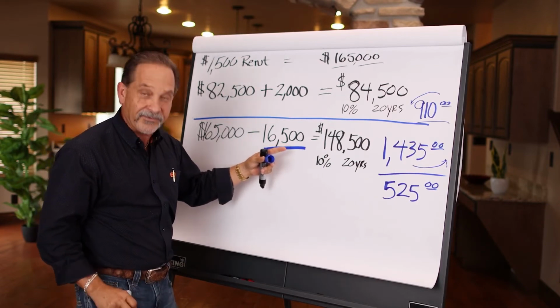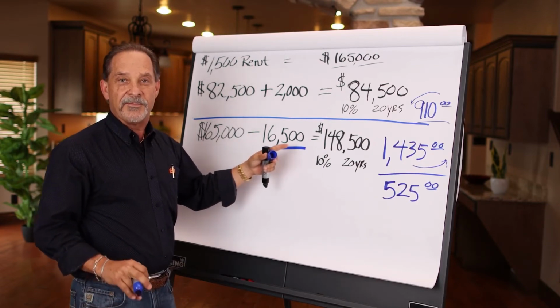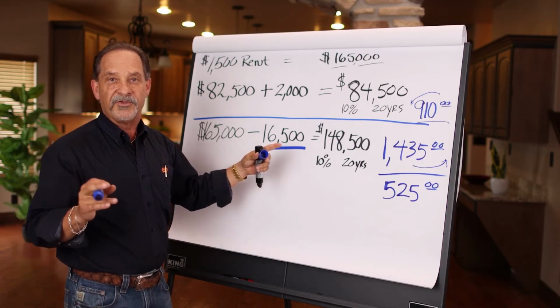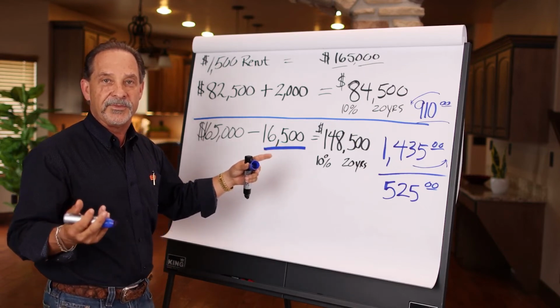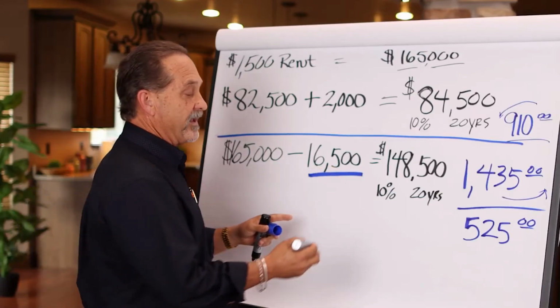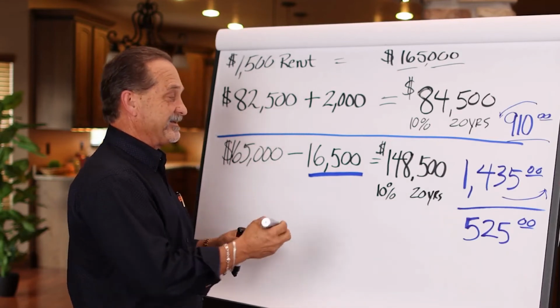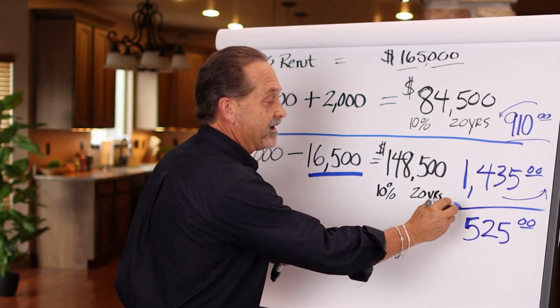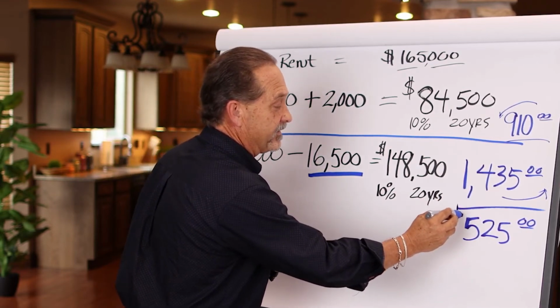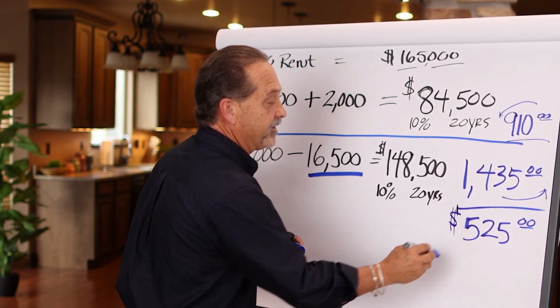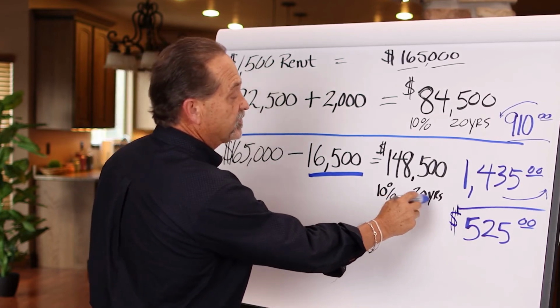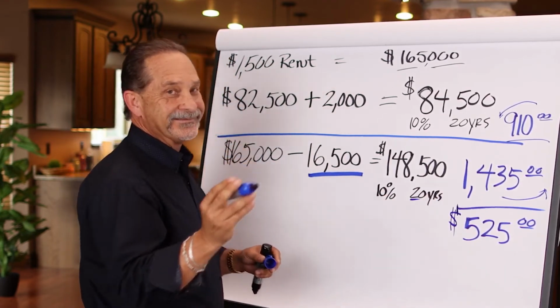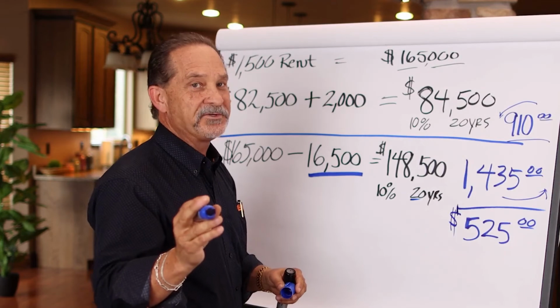It goes in this pocket right here. It's what I pay my bills with, my car payment, my house payment, my utility bills, what I buy groceries with. So that's my money. And how I like to look at it is this: I got paid $16,500 to create a $525 a month positive cash flow that's going to go on for 20 years.